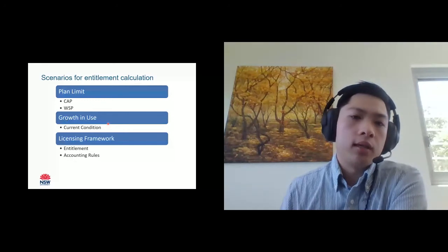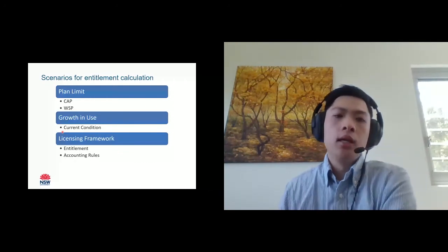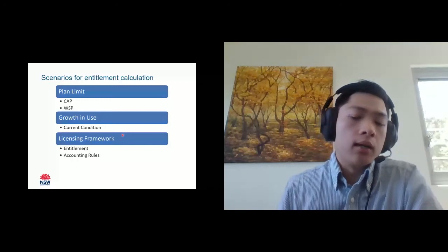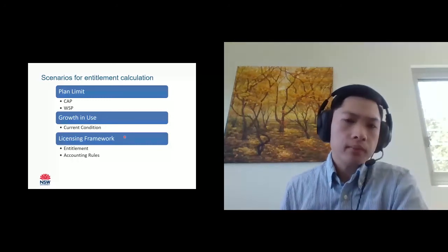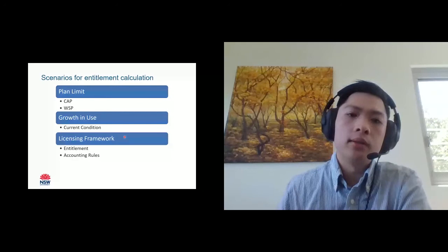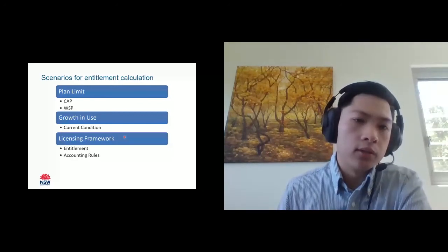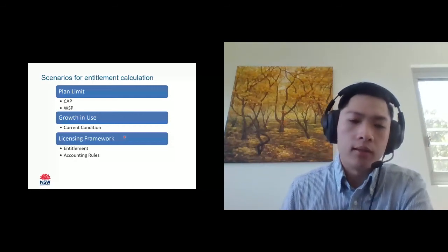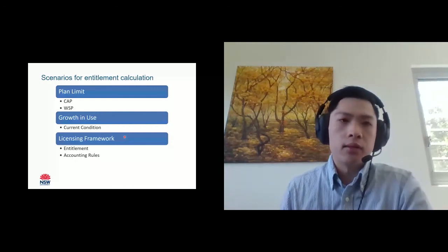If there is growth in use, then we will need to introduce a licensing framework to bring total take back to the plan limit. The licensing framework that we are introducing has two components. The first is the entitlement or shares itself, and the second is the accounting rules. The two work together in managing total floodplain harvesting take.